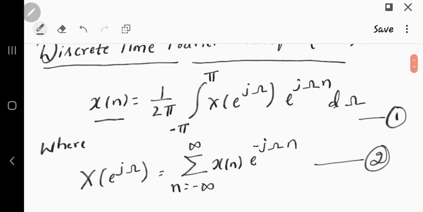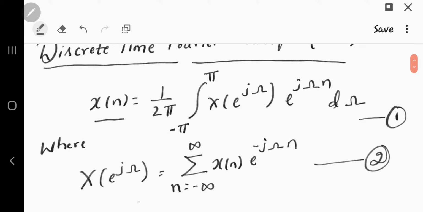Both will give you the same result no matter what. In most cases the limit will be from minus pi to plus pi, so we'll stick to that. Now X of e power j omega is the summation of x of n e power minus j omega n.